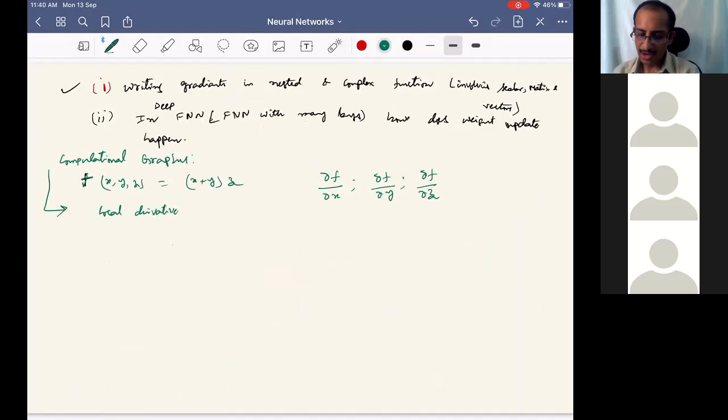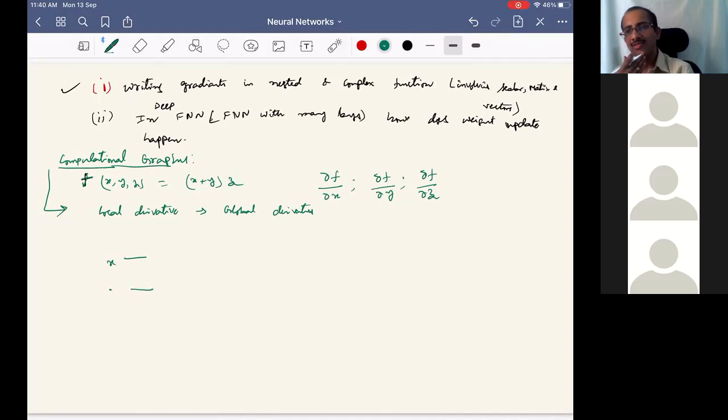We should be able to go from local derivatives to global derivatives. Whichever global derivative we need, we should be able to get from local derivatives. That's the idea. So what computational graphs do is, let us write a small graph.